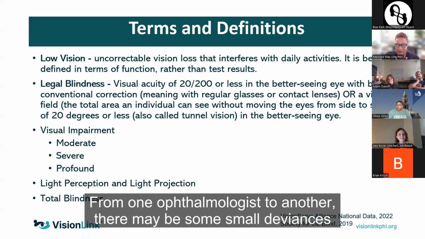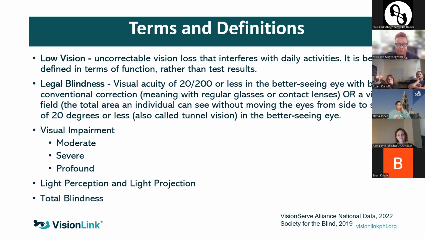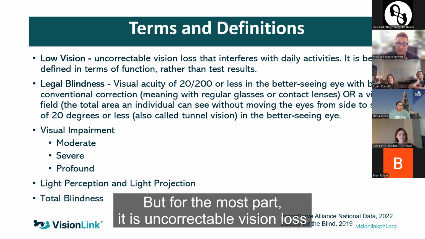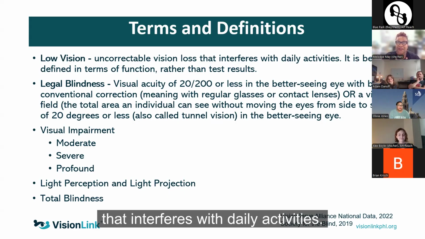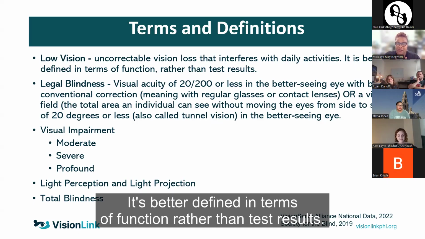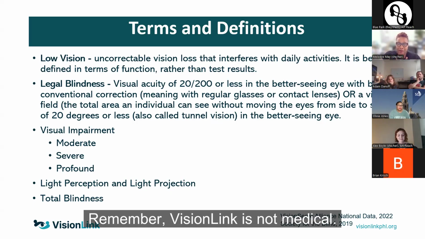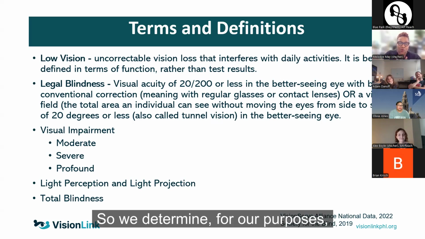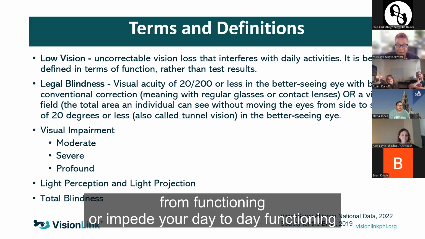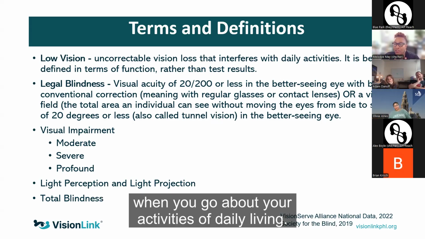There may be some small deviances from the actual definition, but for the most part, it is uncorrectable vision loss that interferes with daily activities. It's better defined in terms of function rather than test results. Remember, VisionLink is not medical. So we determine for our purposes vision difficulty that prevents you from functioning or impedes your day-to-day functioning when you go about your activities of daily living.